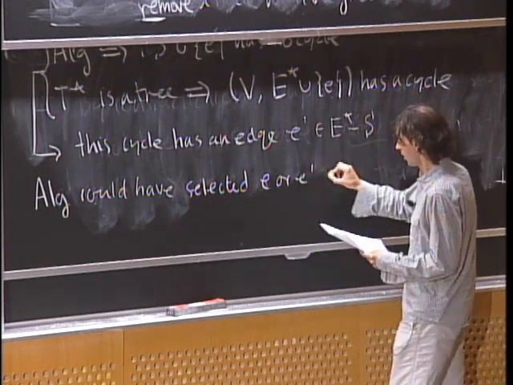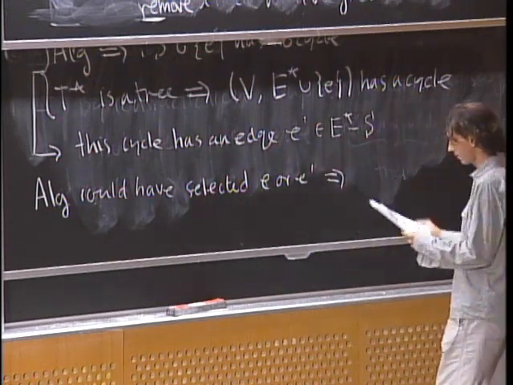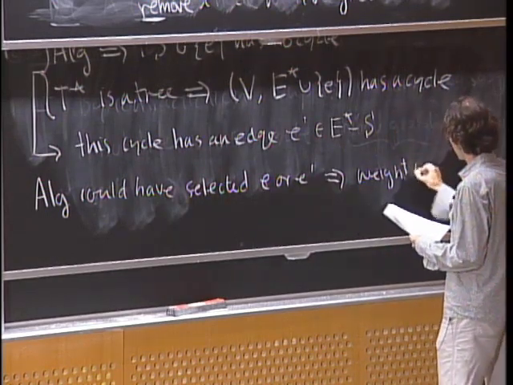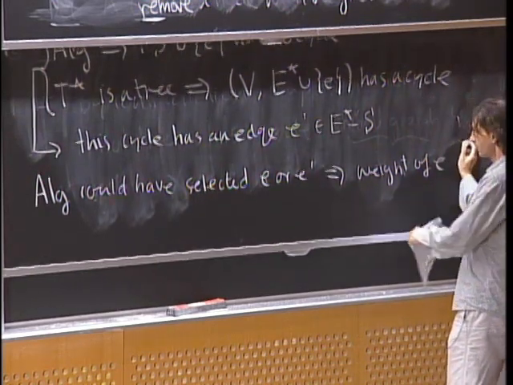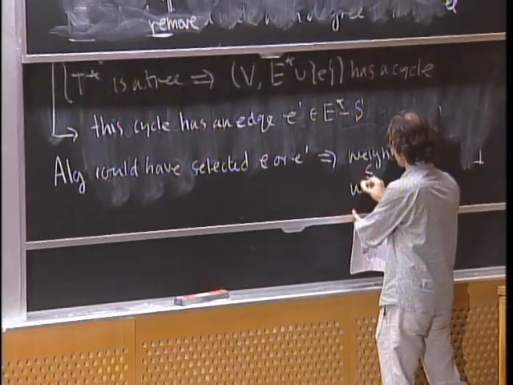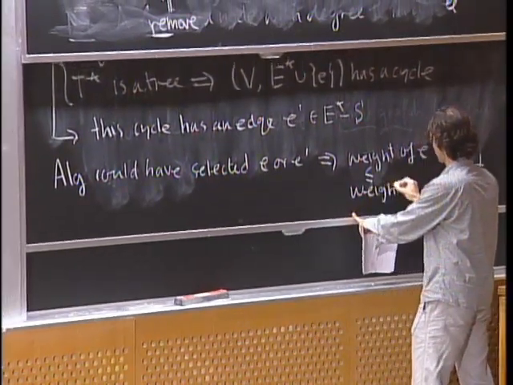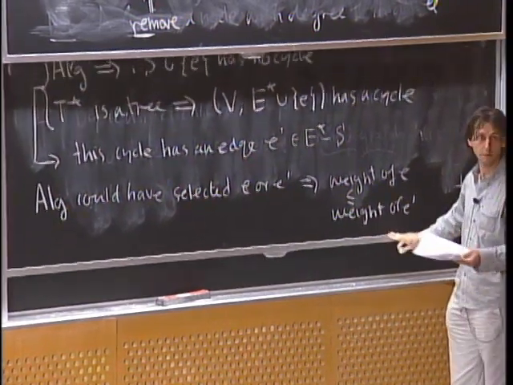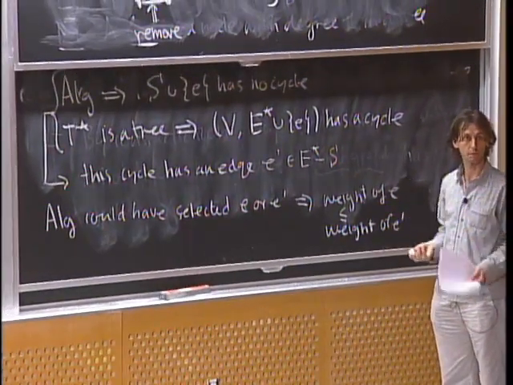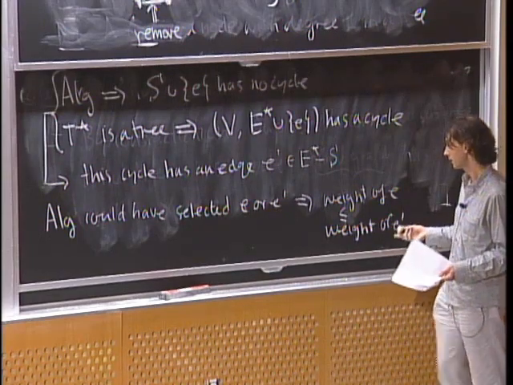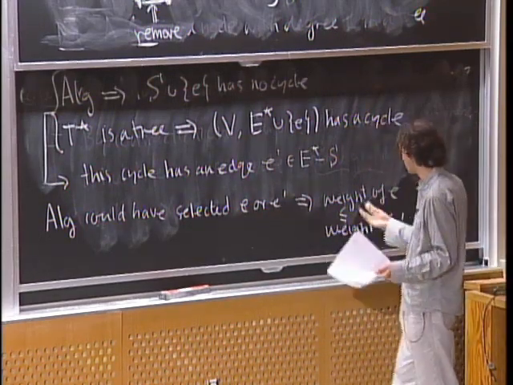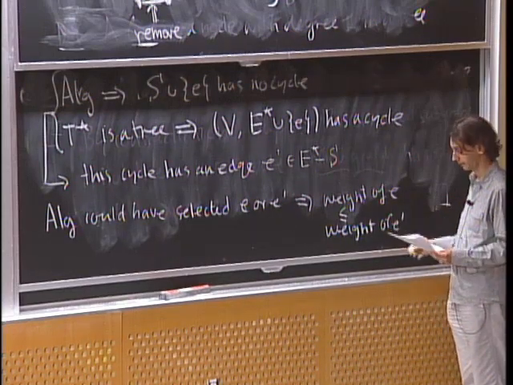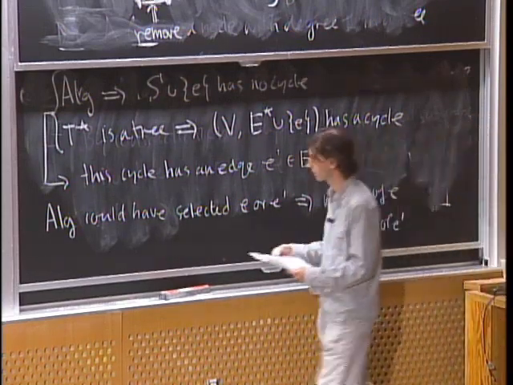So this really implies that the weight of E is at most the weight of E prime. Why is this? Because the algorithm always chooses the minimum weight. And it can choose between E or E prime, but it chose E, so the weight of E must be less than the weight of E prime. So that's what we know also.